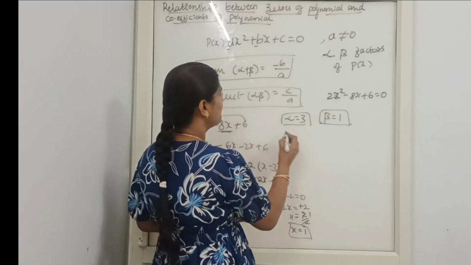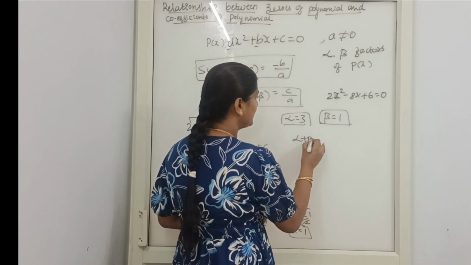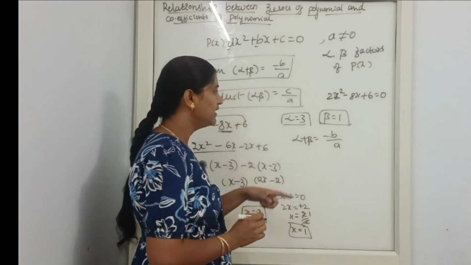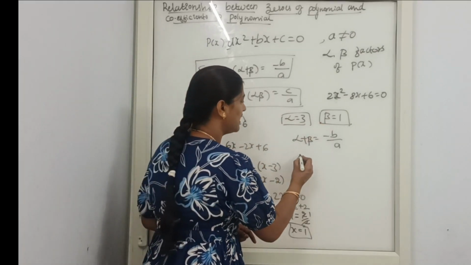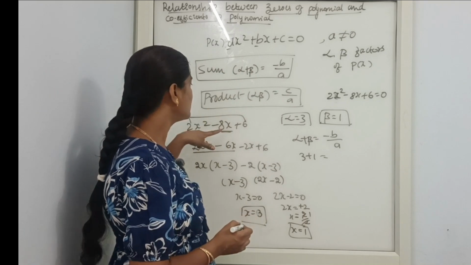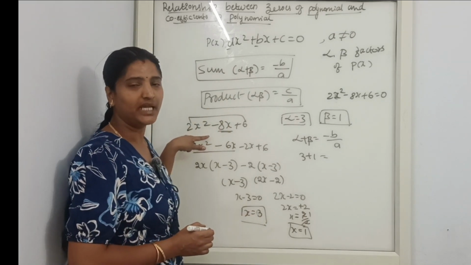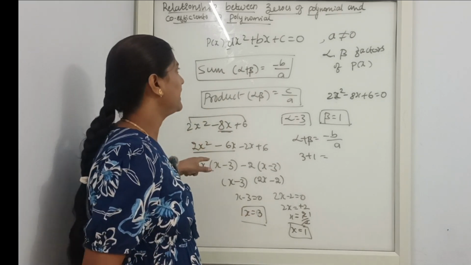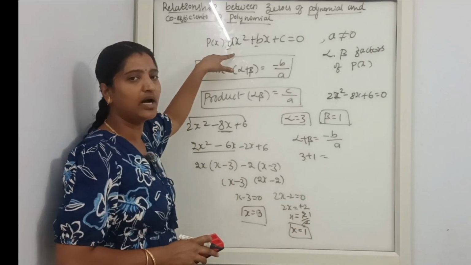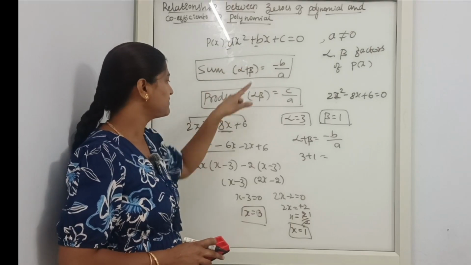What is the sum? Alpha plus beta is equal to minus b by a. Clear? What is alpha plus beta we got? 3 plus 1. What is b? You have to see in this equation; we need to take the coefficients. Let me write here. We need to compare with the general form ax square plus bx plus c.